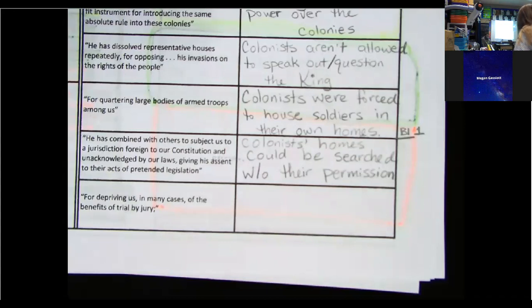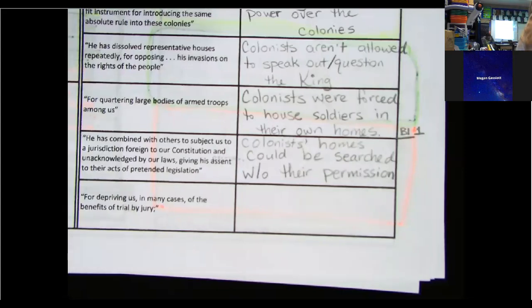So stating depriving us in many cases of the benefits of trial by jury, why is that a grievance? Because the judge would prosecute them. The judge would be more likely to be unfair, correct? Okay, so no trial by a jury of their peers was guaranteed.